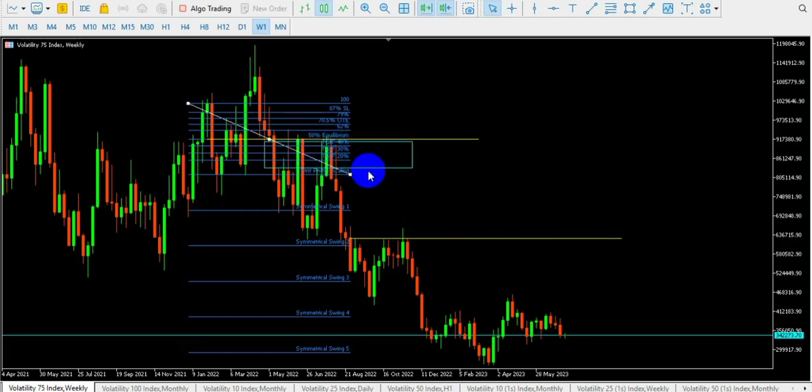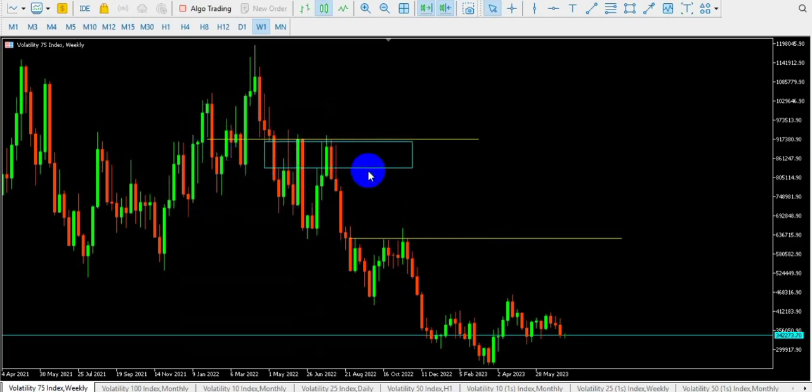Now just watch closely again what I used to say. This is the 50% of the breaker block. So this is the monthly bearish breaker, the 50% of the monthly bearish breaker when we take our fibs from body to body of this last down close candle that validated the breaker. That was the criteria.